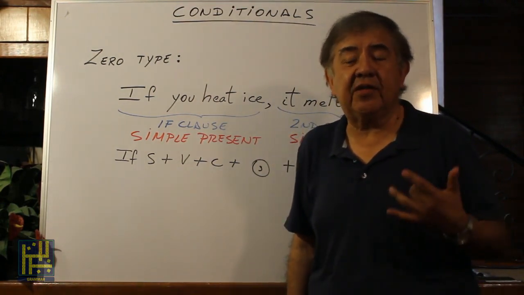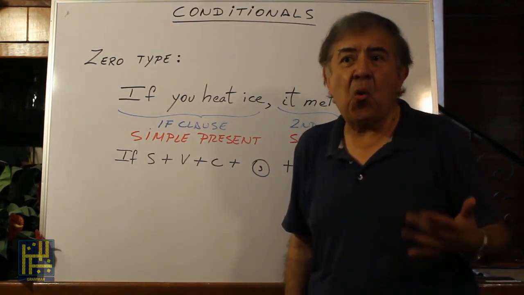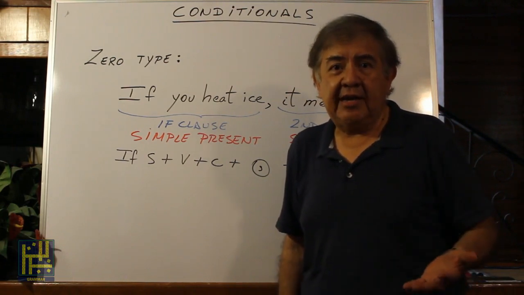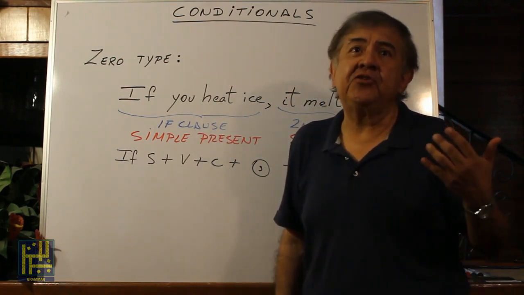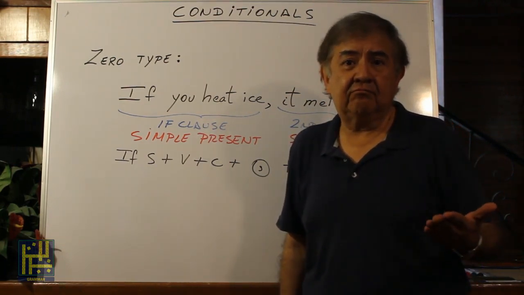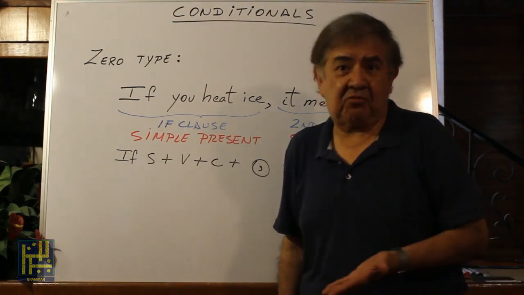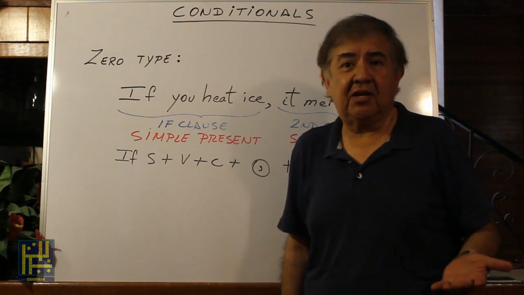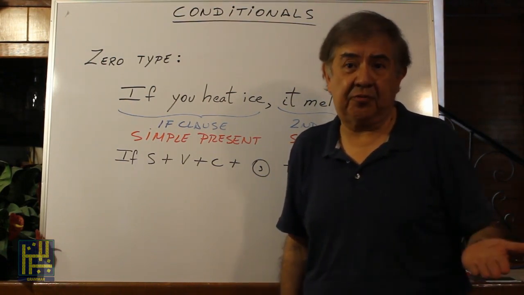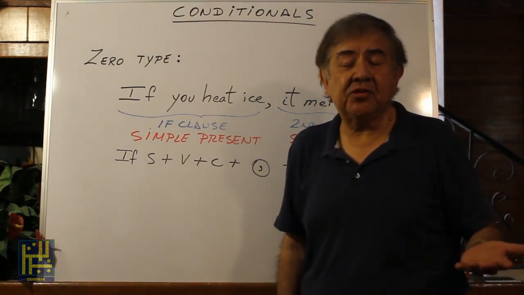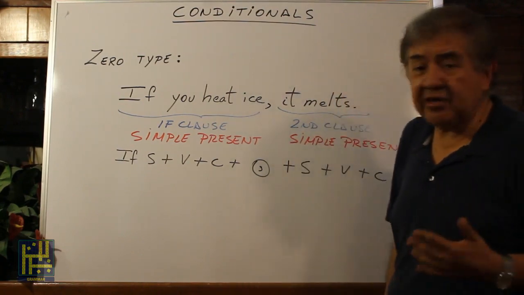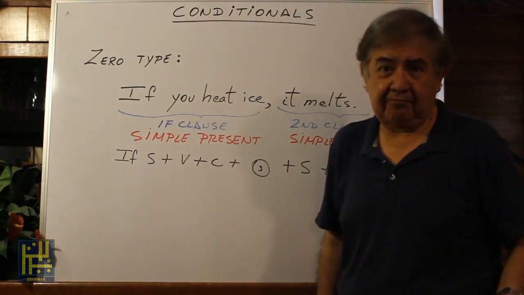The situation is something by nature or something logical. In the example, if you drink a lot, you get drunk. Si tomas mucho, te emborracharás. That is something logical. That is for sure. That is true. So, that is the use for the zero type of conditionals.